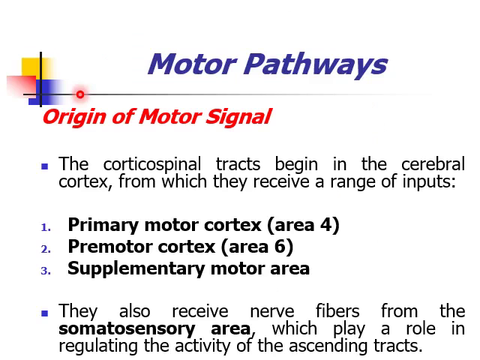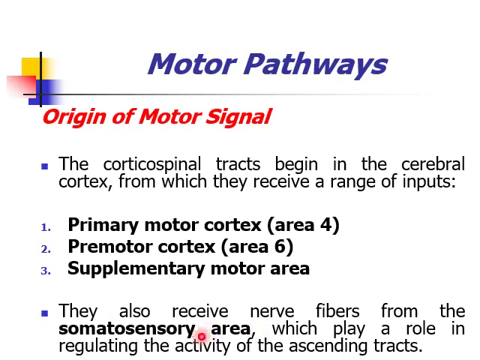The origin for these motor signals coming through the corticospinal tracts begins in the cerebral cortex, from which they receive a range of input, coming from the primary motor areas we just mentioned, premotor and supplementary motor areas. They also receive nerve fibers from the somatosensory areas. We said at the beginning of this lecture that usually a motor signal is in response to a sensory input that has been integrated earlier.